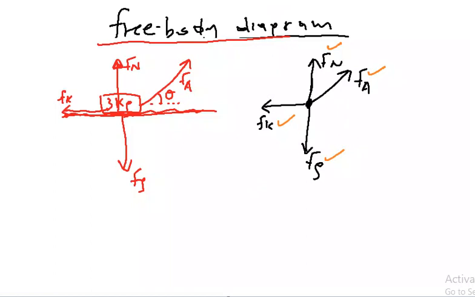This free body diagram has the normal force which is going up, that is the normal force. Then we have that force applied, then we have Fg, then we have Fk.